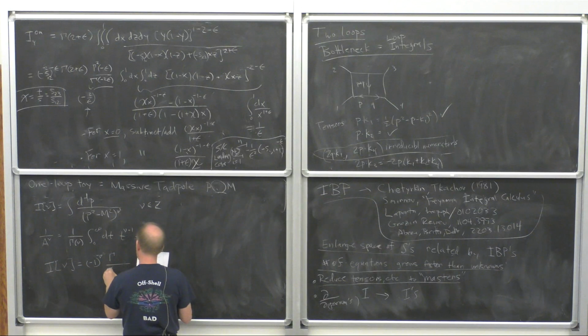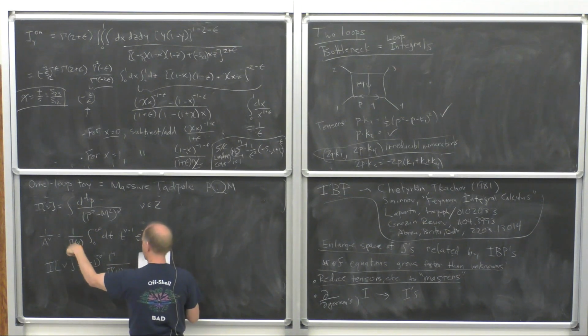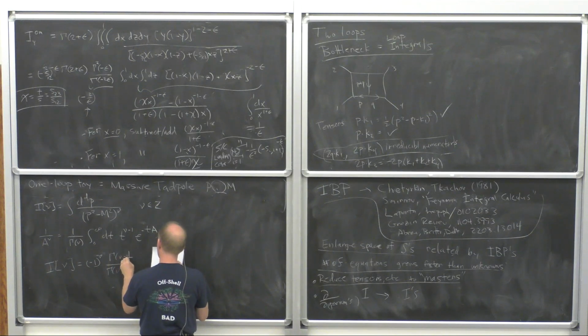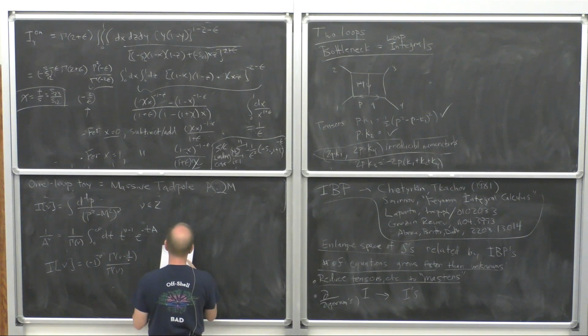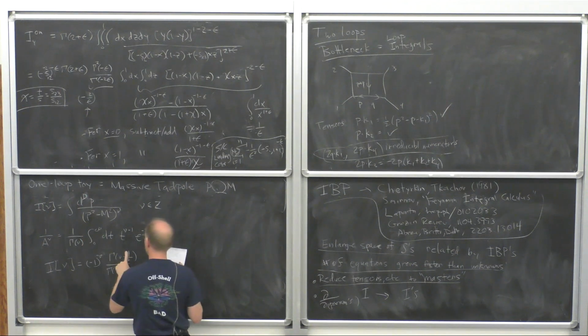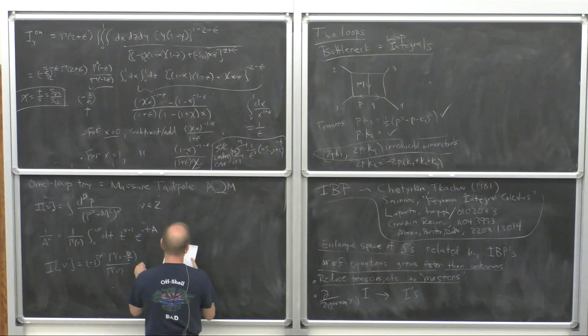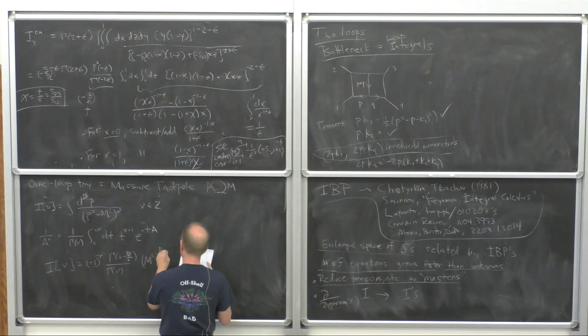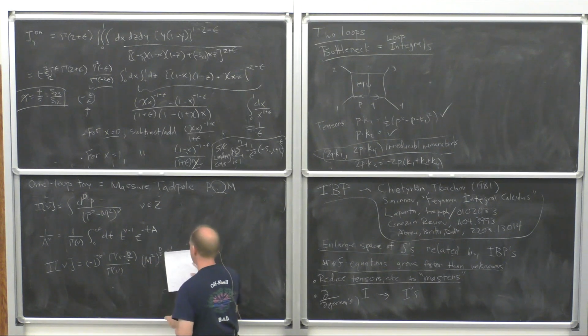You get a 1 over gamma nu from this prefactor, and then after you do the Gaussian integral, you get a shift by something proportional to the dimension d. And then by dimensional analysis, you get something like d over 2 minus nu.